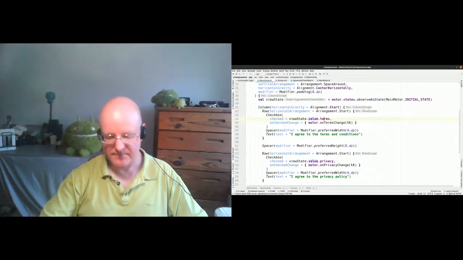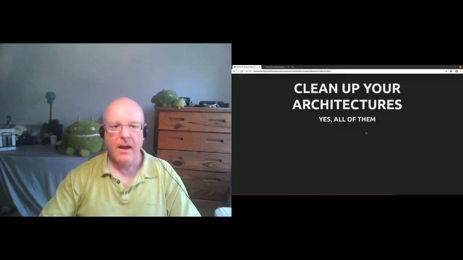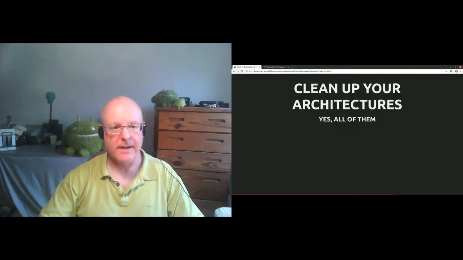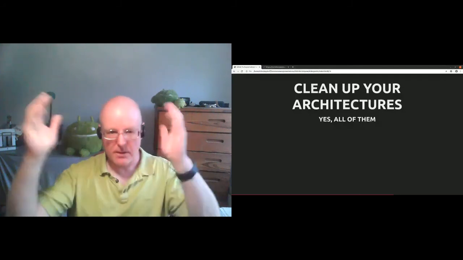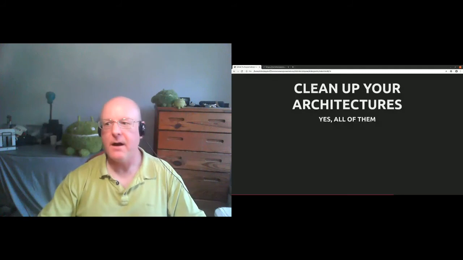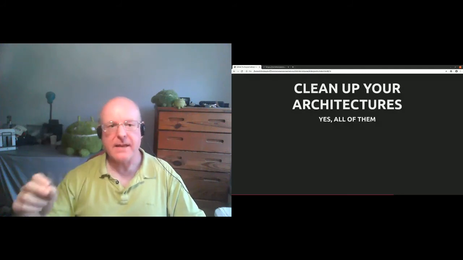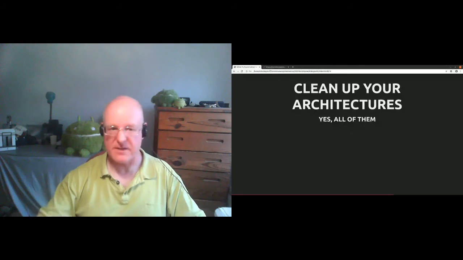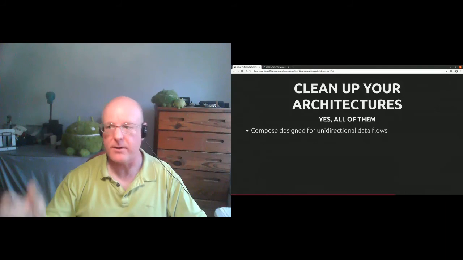So, what's all that mean? This is perhaps going to have some impact on your architecture, and for whatever you're using, MV soup, pick your soup, the big thing that Compose is aiming for isn't necessarily any specific MV flavor or Viper or whatever other architecture you want to use.